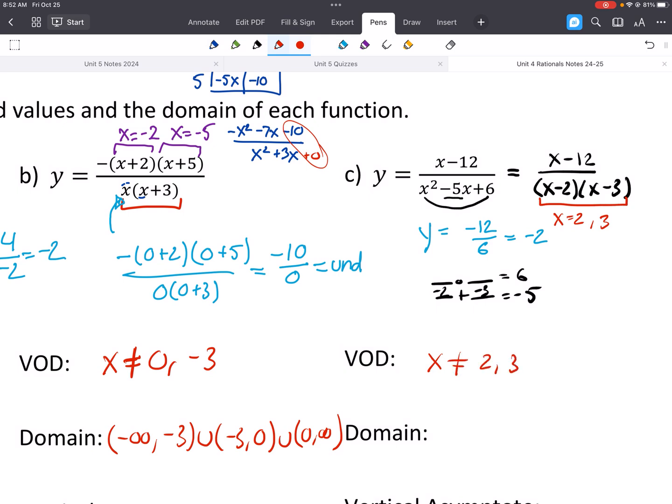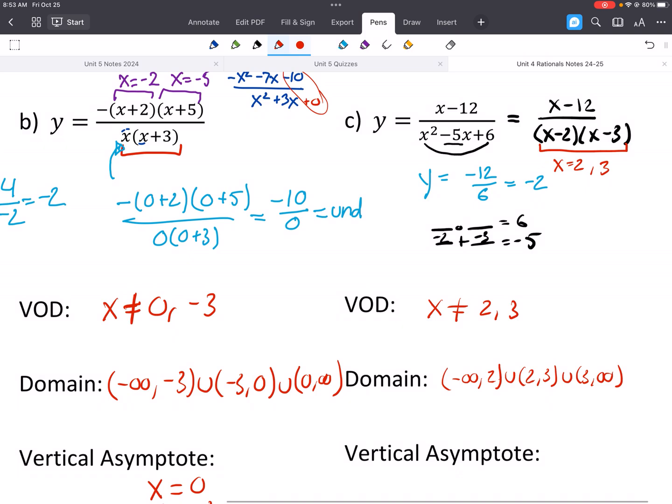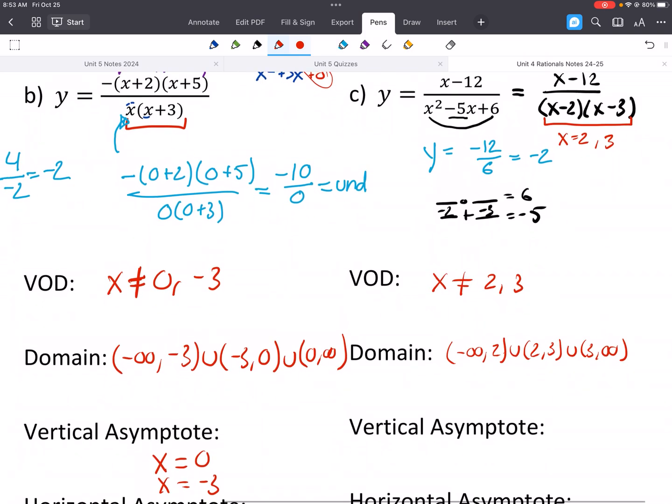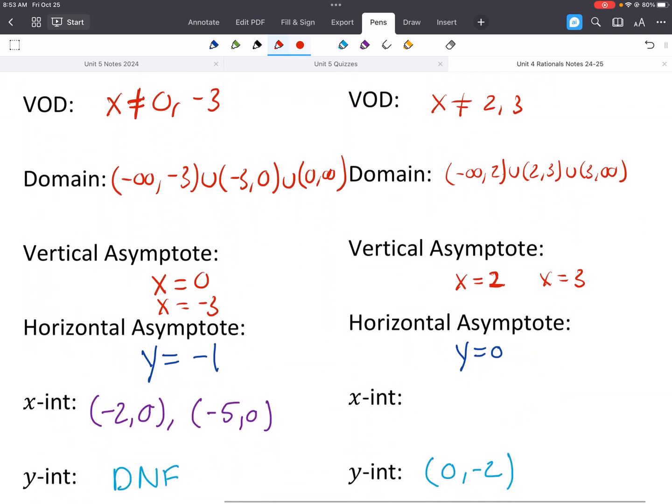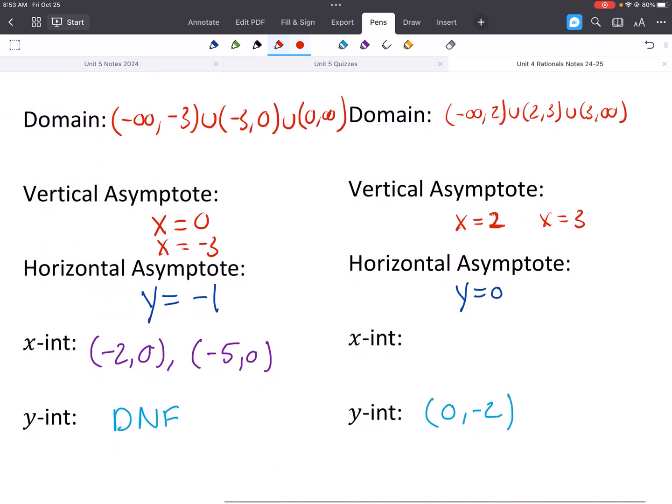So the domain would go from negative infinity to 2, 2 to 3, and 3 to infinity. And then the vertical asymptotes are the vertical lines x equals 2 and x equals 3. Horizontal asymptotes, we already did that.